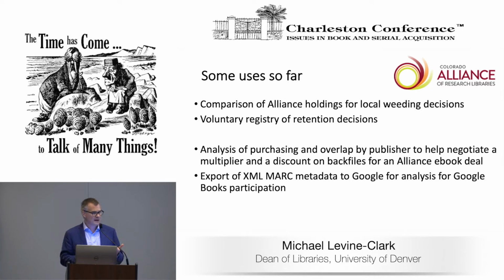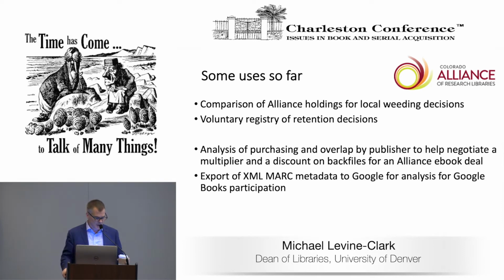So far we've done some of the things you would expect for a tool that we developed for shared print. We've compared Colorado Alliance holdings, so that local institutions could do some weeding. We've been doing a voluntary registry of our retention decisions. So as institutions have thought about their local collections, we've just made commitments.